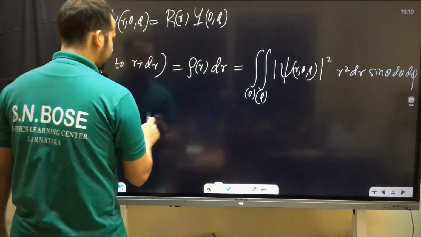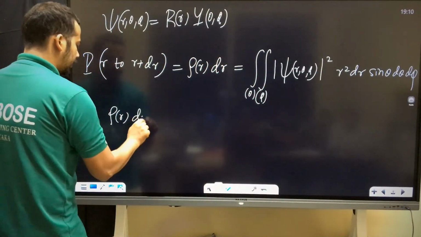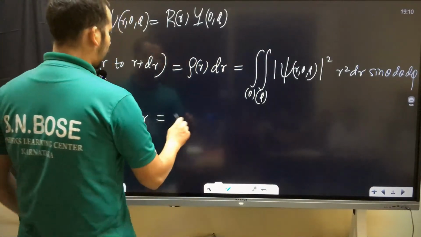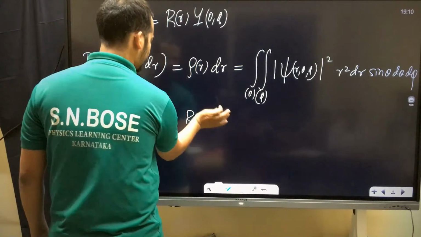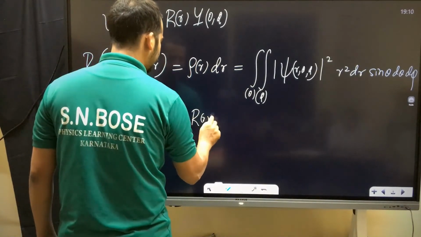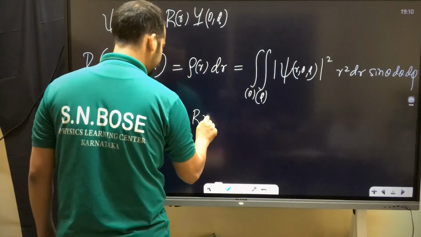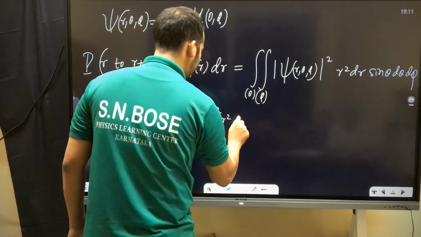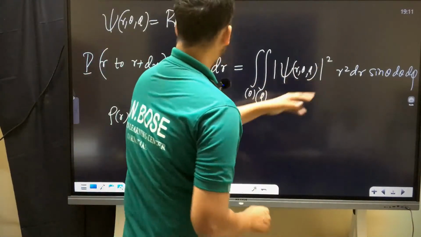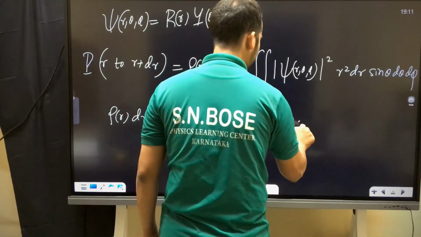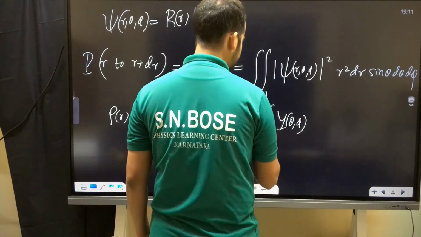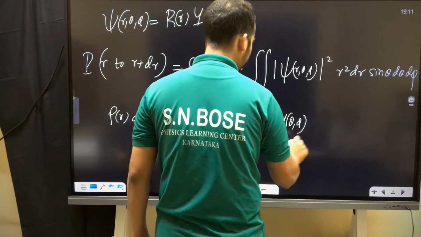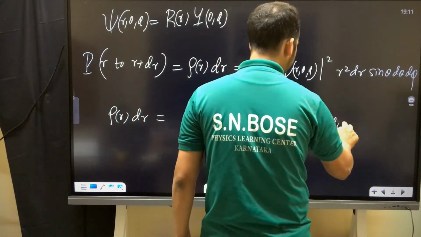In this whole thing, rho of r dr means this probability irrespective of theta and phi. This R of r mod square into r square dr, and the rest of the part is the spherical harmonics, integral of Y theta phi with respect to theta and phi, sine theta d theta d phi.